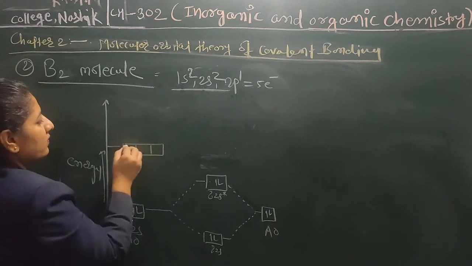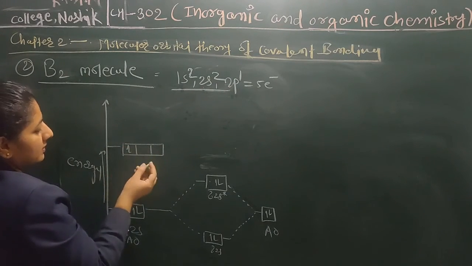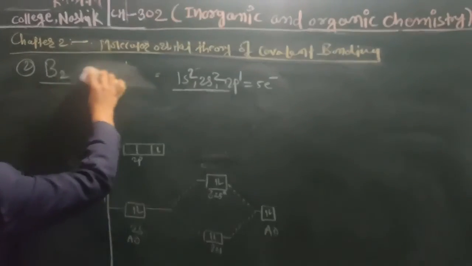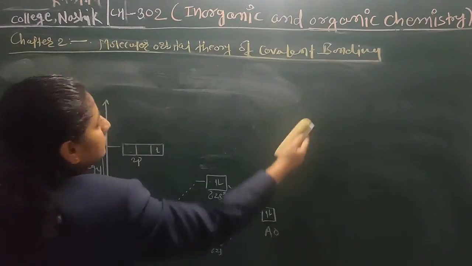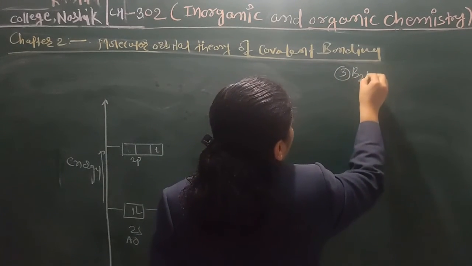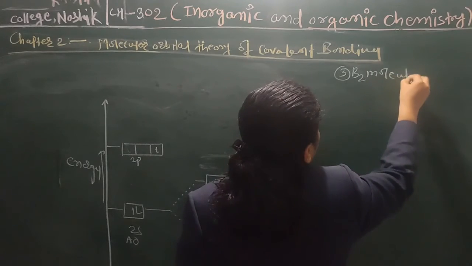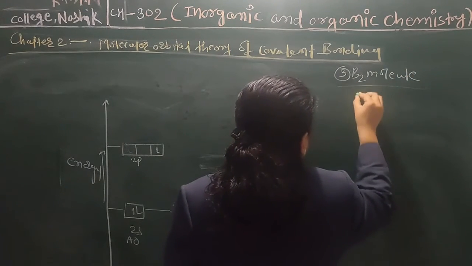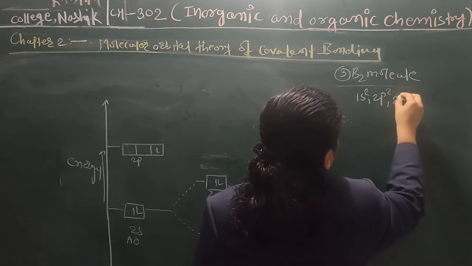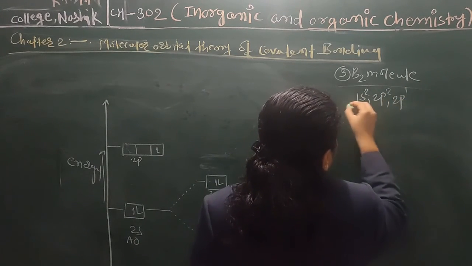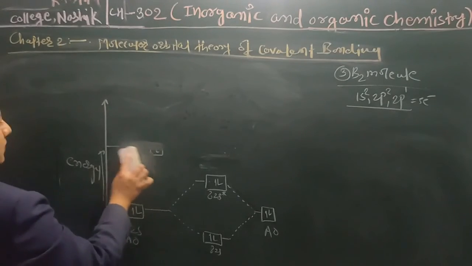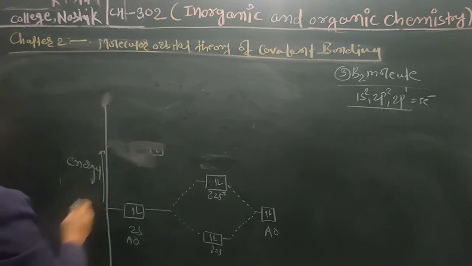So there will be only 1 electron, which is in 2px. It is the B2 molecule, 1s2 2s2 2p1, 5 electrons. So we can write here.